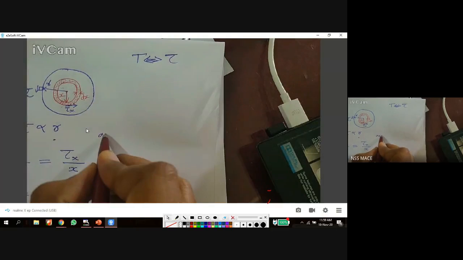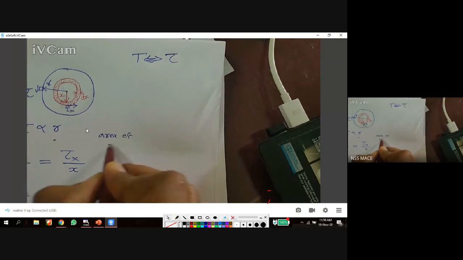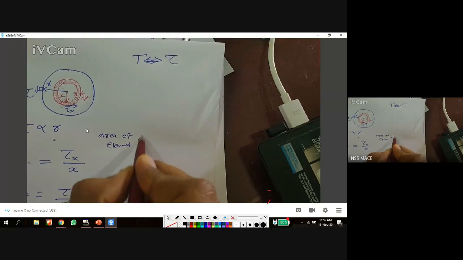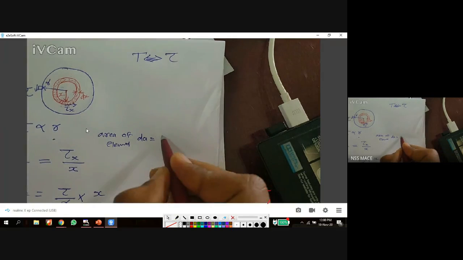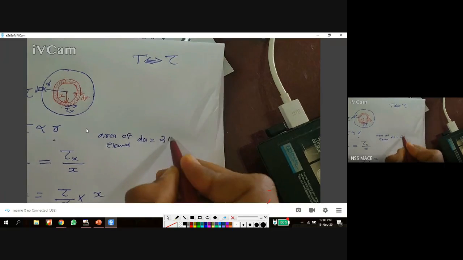Next, the area of this element. What is the area of the red hashed element? Area of the element dA equals perimeter into thickness. The perimeter is 2 pi x.